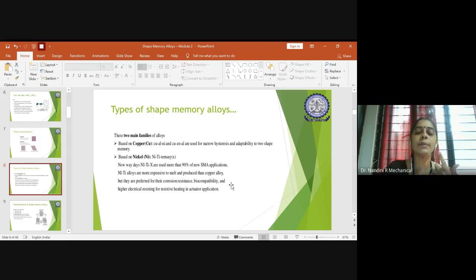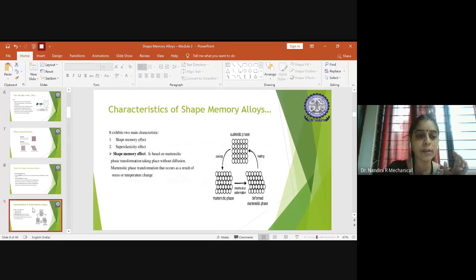Both have the capability to regain their memory, but still nickel based alloys are used for more than 90% of the new applications coming through shape memory alloys. That is due to some important properties: it is corrosion resistant, it is biocompatible, and it has very good electrical resistivity with respect to heating in actuator applications. So due to this, nickel is more familiar and used on a larger scale compared to copper based alloys.